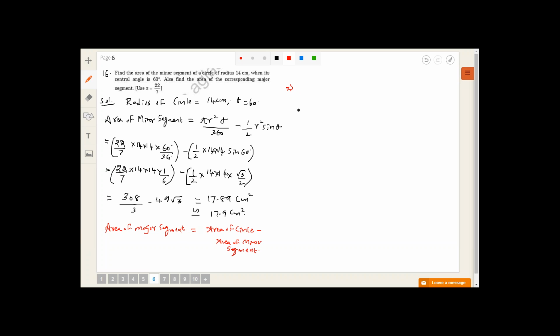That can be given as pi r square minus 17.89, or 22 by 7 into 14 into 14 minus 17.89. Or that is given as 598.10 centimeter square.